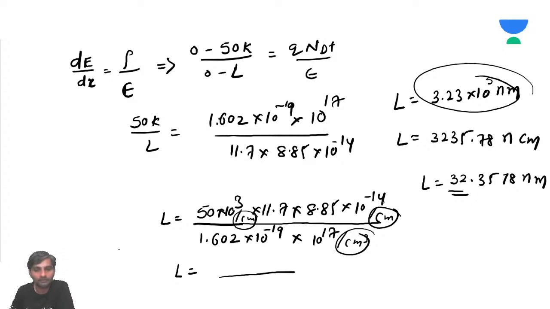That is 50 into 11.7 into 8.85 into 10 to the power of minus 9 centimeters, divided by 1.602. Overall you will get 32.78 nanometers as the answer. Okay, next we will see. Hopefully this is the last problem.